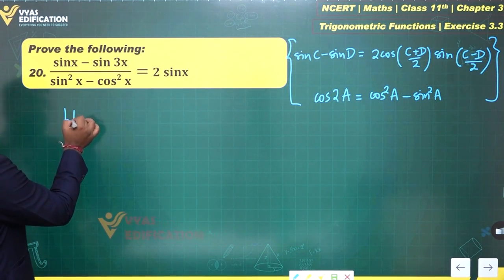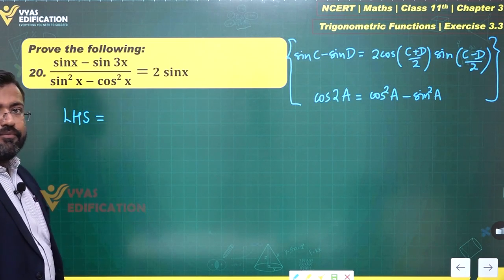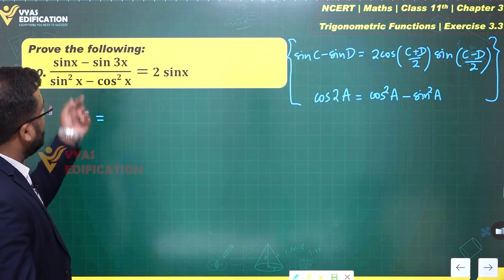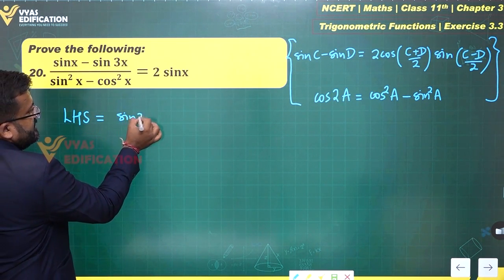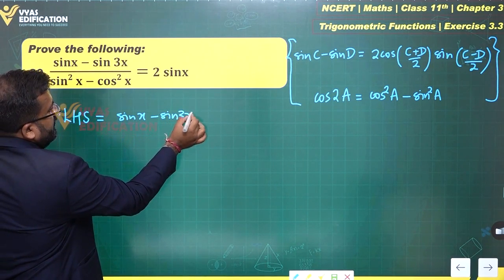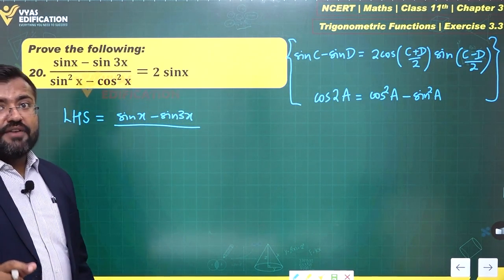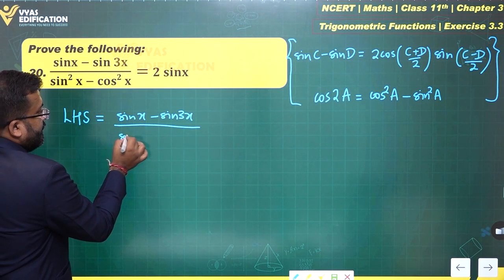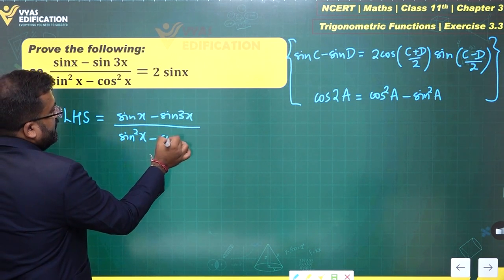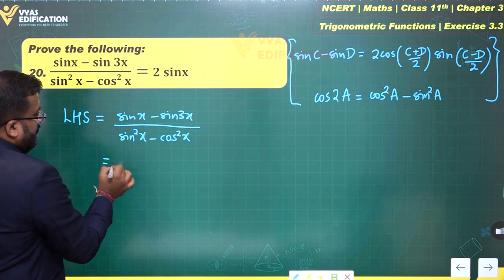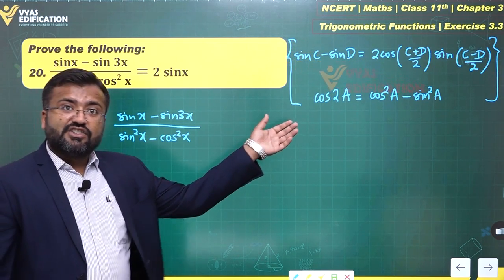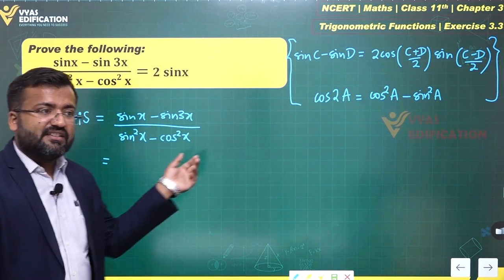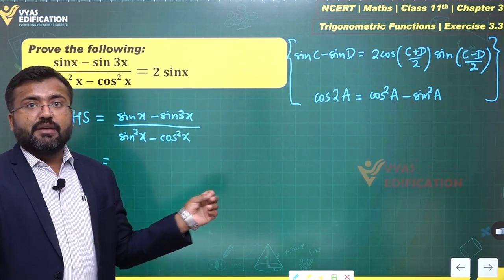Let's solve. LHS is equal to what? Let's write the LHS first. In the numerator you have sin x minus sin 3x. In the denominator you have sin square x minus cos square x. I want to apply the results of sin c minus sin d and sin square x minus cos square x simultaneously.